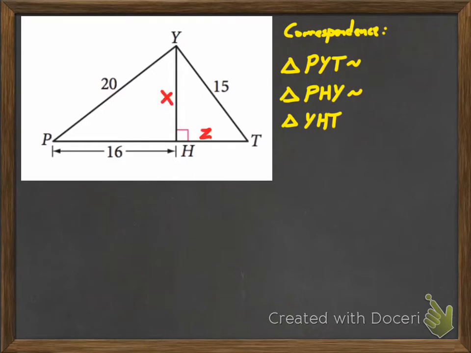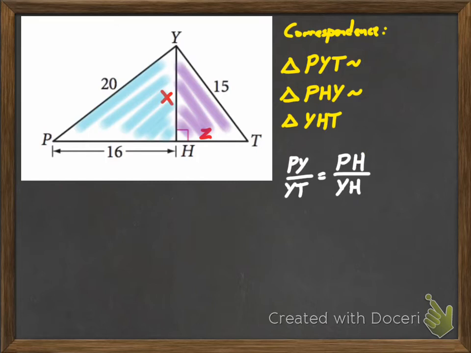so this tells me all of the ratios that I need to solve for the missing pieces. So if, for example, I'm looking for the altitude here, this X, then what I can do is just say, all right, well, it's going to be PY over YT equals PH, this side, over YH, right?